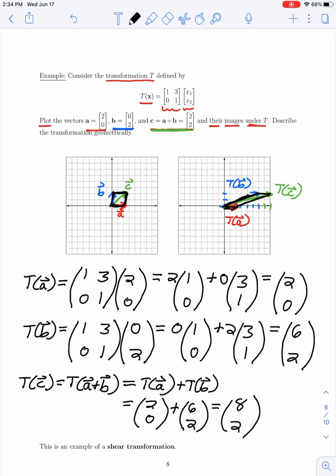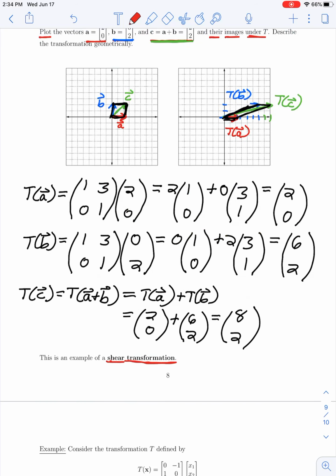So we've taken our square and stretched it horizontally in this direction. This sort of transformation is referred to as a shear transformation, where the image of some square in the plane is some parallelogram. We said that we have sheared this square in a horizontal direction. Okay.